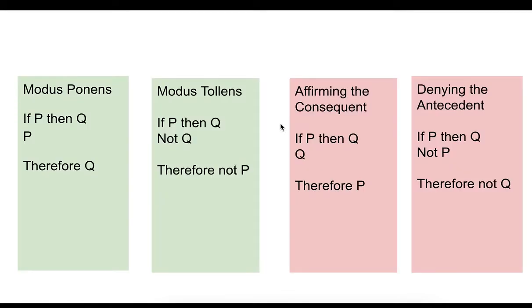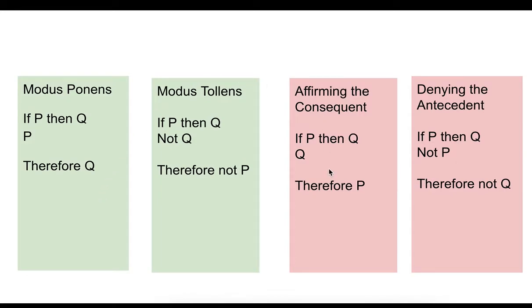So just to put this on a chart, just so you can see the difference between all the kinds, right? Here's how modus ponens goes. If P then Q, P therefore Q. You see that's different from affirming the consequent, which says if P then Q, Q therefore P. So the arguments in green are good forms of argument, valid forms of argument.